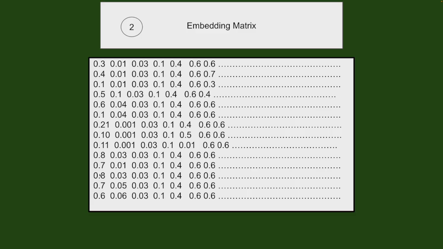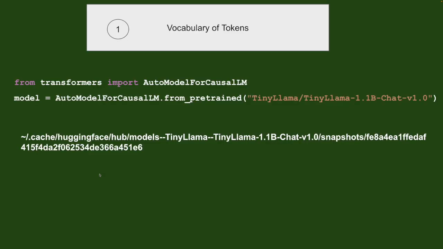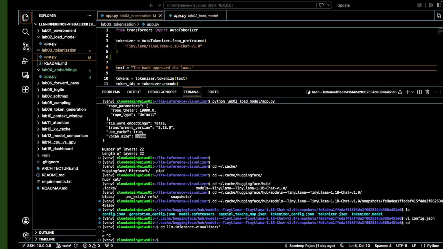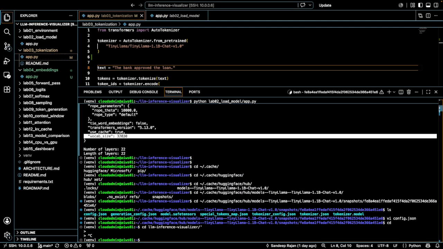Okay. So once again, it contains a vocabulary of tokens, and how many unique tokens does this LLM have? It has 32,000.